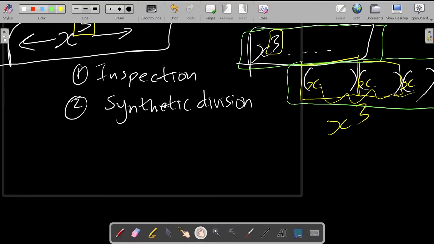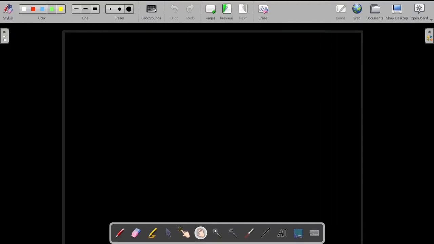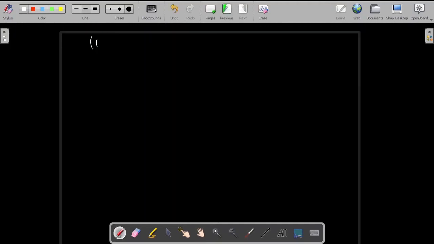So let's talk about the first method, which is inspection. So let me just open a new page. And so this is the first method, inspection. This will be an example-based explanation because I'm just going to go through an example to actually show you how to do each of these methods.